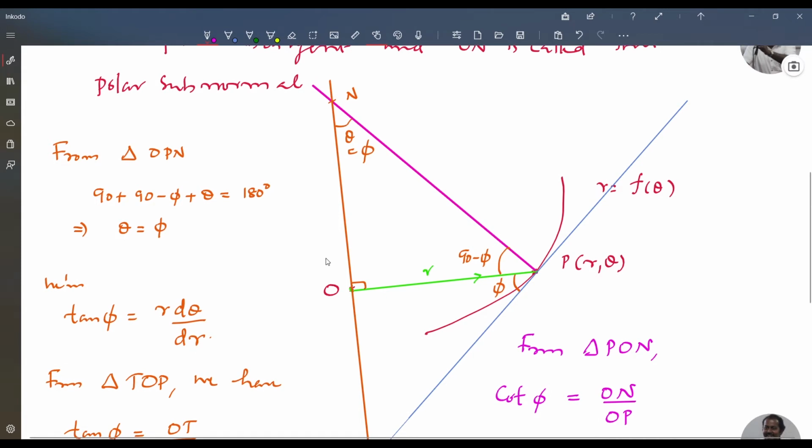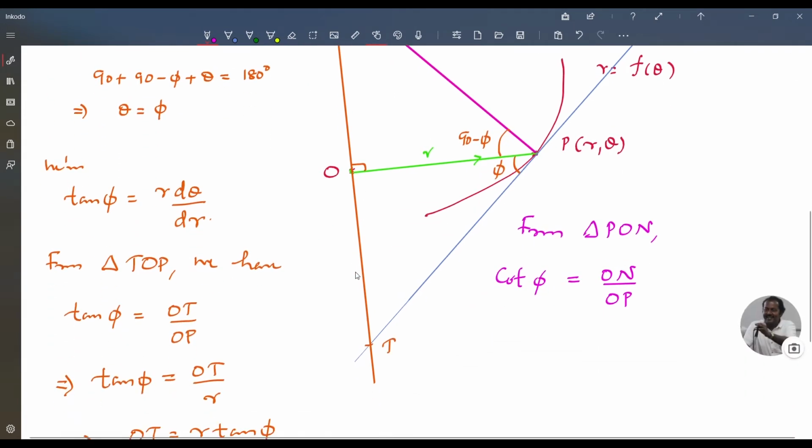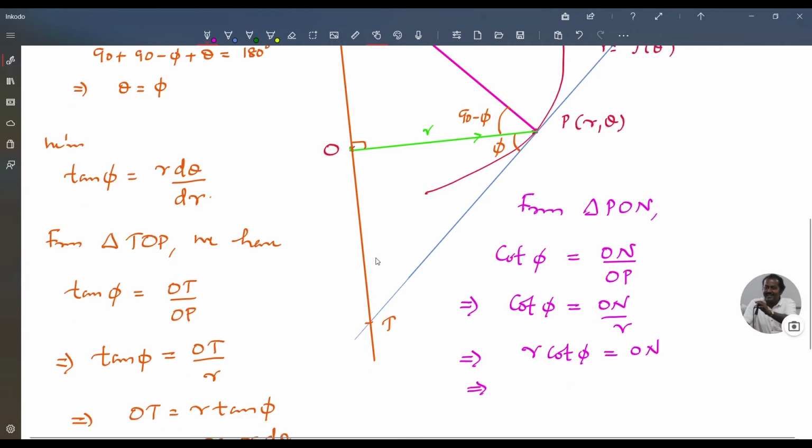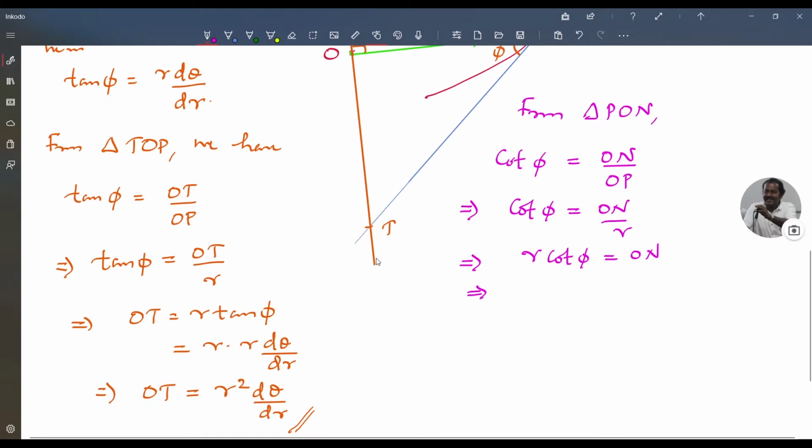ON divided by OP is cot phi. OP is r, so this implies r cot phi equals ON. So this is r by tan phi equals ON.